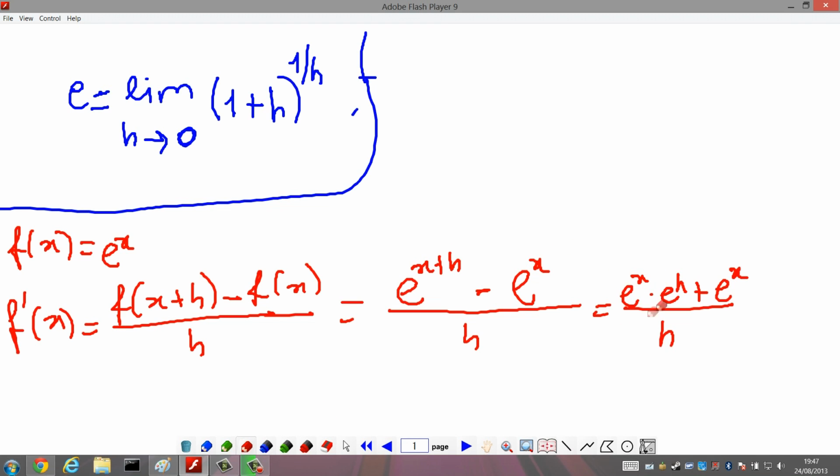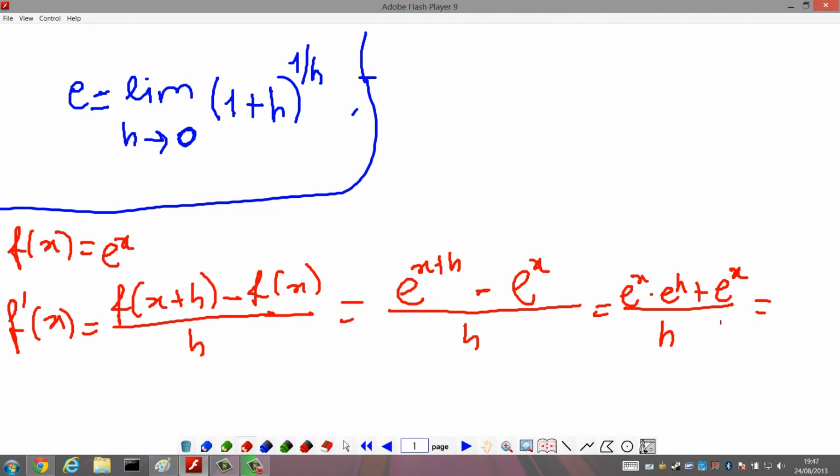If you remember that rule, if you have the same base and they're multiplying, you keep the base and you add the exponent. So e to the x times e to the h is the same thing as e to the x plus h, which is what we have there.